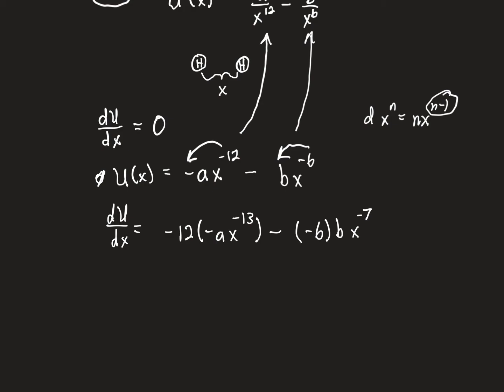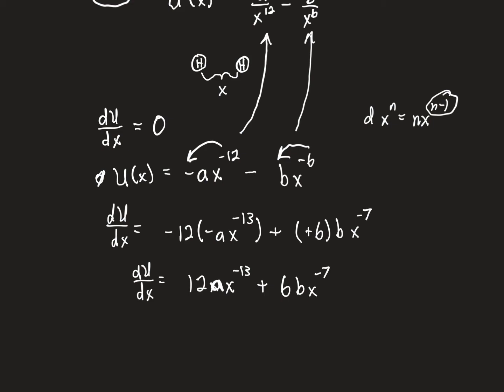And this is what I have. I have my new function for the derivative of U with respect to x. It's going to be equal to 12A times x to the negative 13 plus, because the two negatives cancel out, 6B x to the negative 7. Now, I'm not done yet.